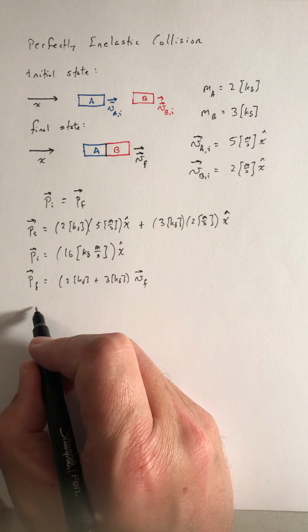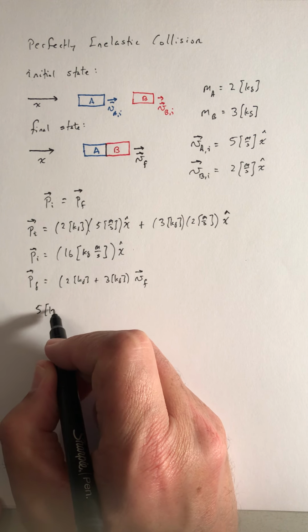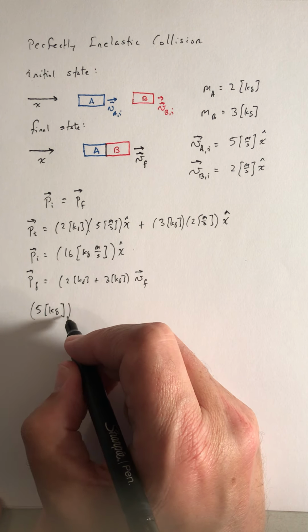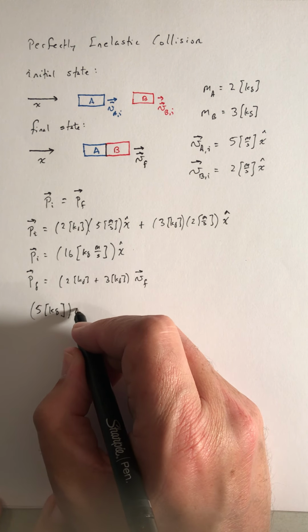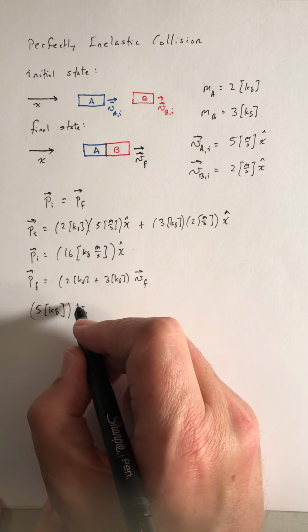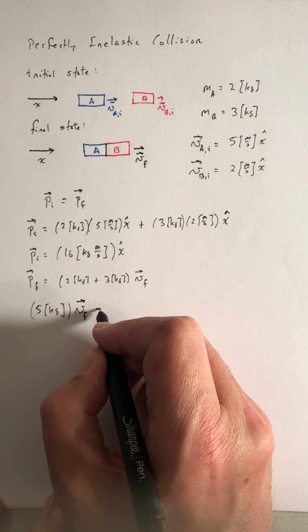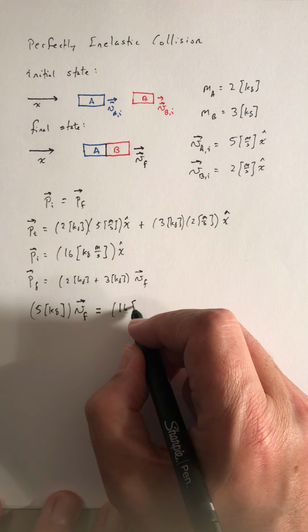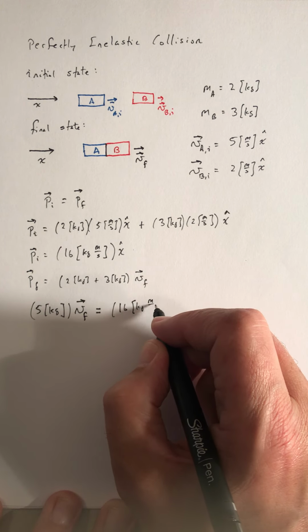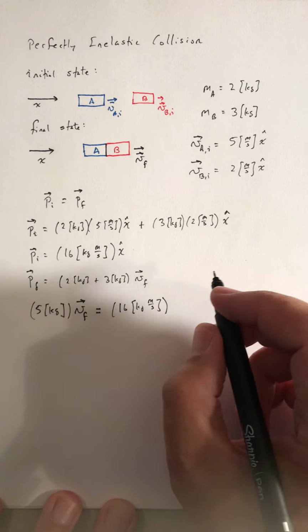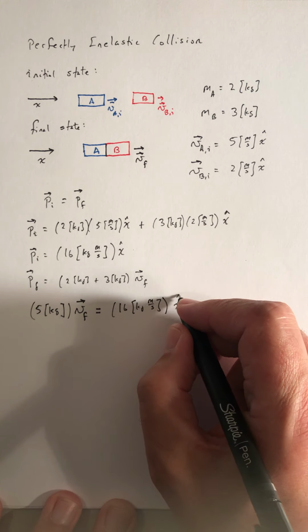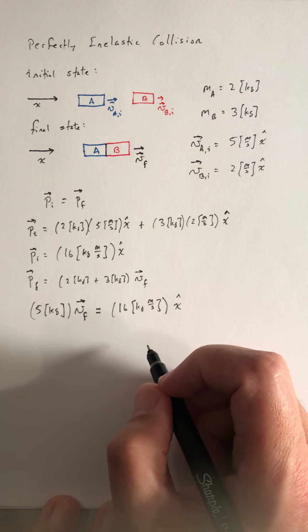I'm going to have 5 kilograms times V final is going to equal 16 kilogram meters per second along the x direction. So that was P initial.